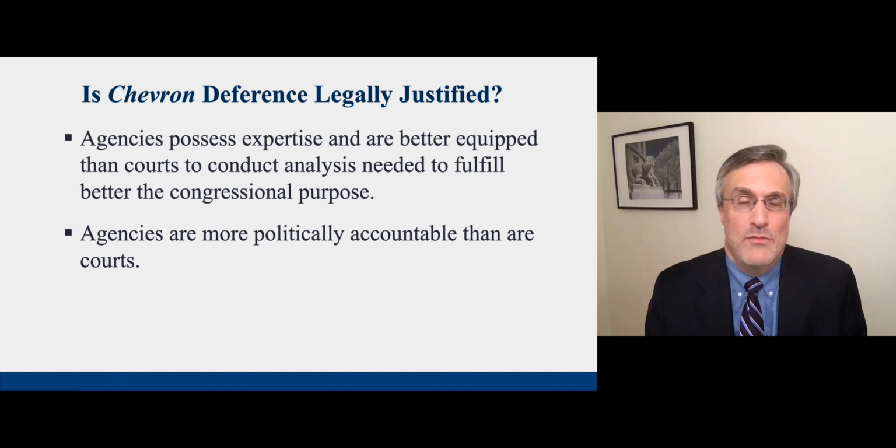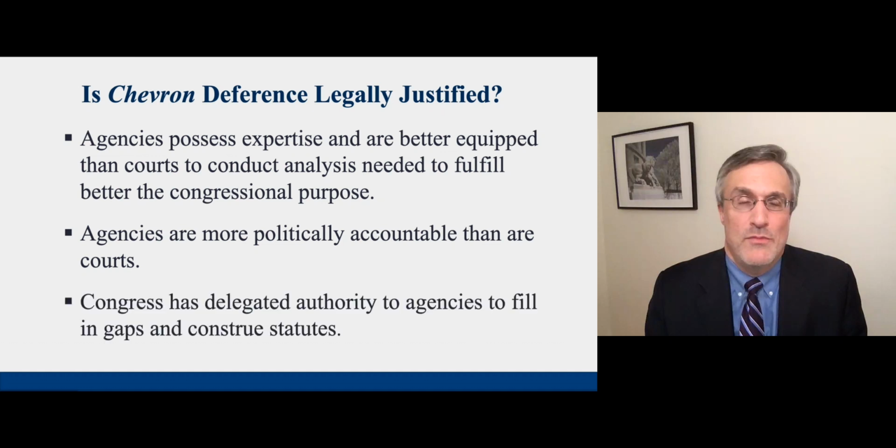Here, it's the third argument that comes through in the Chevron case that really is the foundation of Chevron deference and widely accepted today as the legal basis for Chevron deference. And what is that? Well, that is that there is a delegation of authority from Congress to the agency to fill in the gaps and to define ambiguous terms.